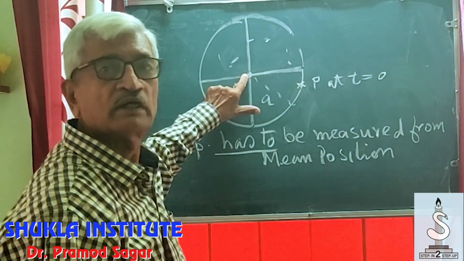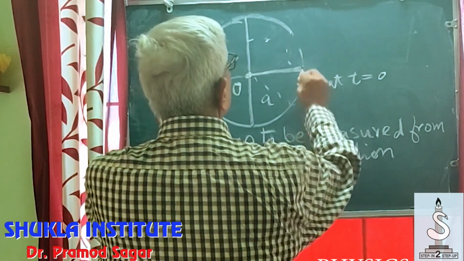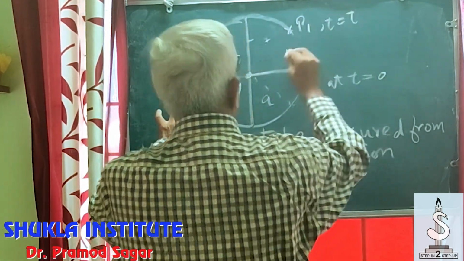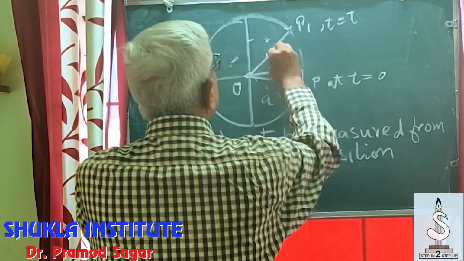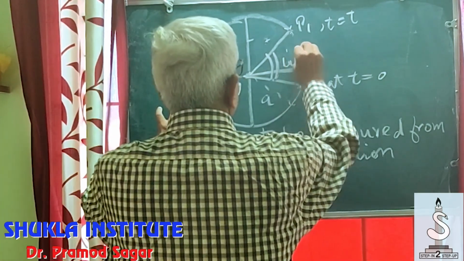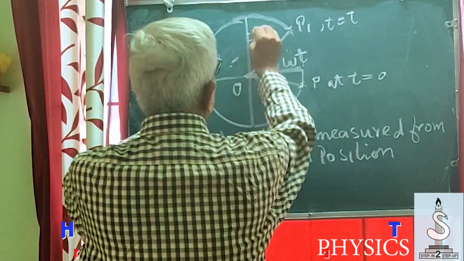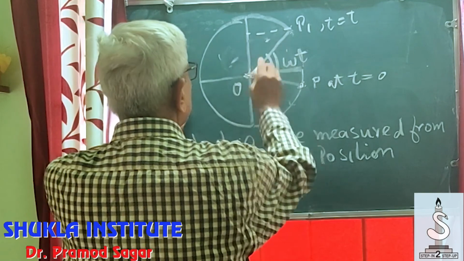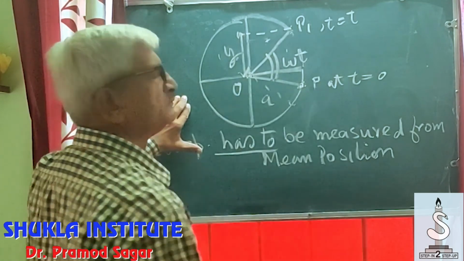The mean position continues to be O. Let us say from point P it moves to point P1 in time t is equal to t. So the total angle it has moved from the initial position is omega t. Now let me have the projection from this P1. Since the displacement has got to be measured from the mean position, that is O, this is the displacement.